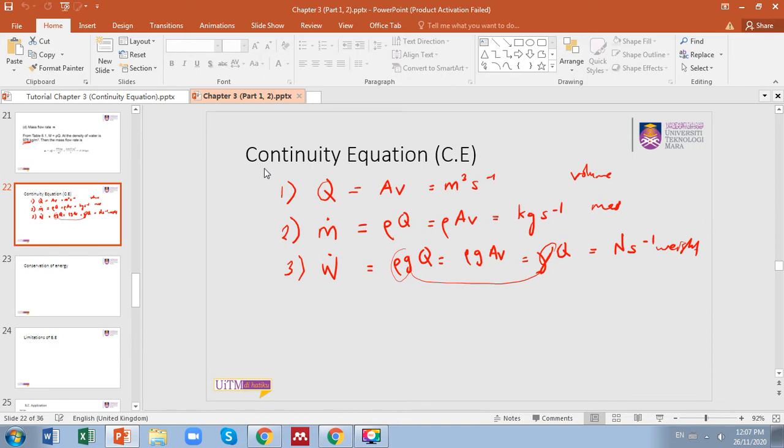If not by heart, you understand what these equations are and remember them. Q for volume flow rate is equal to the area times the velocity, and the unit is meter cube per second. The mass flow rate is the multiplication of rho with Q, or you can write it as rho AV, and this unit is kilogram per second.